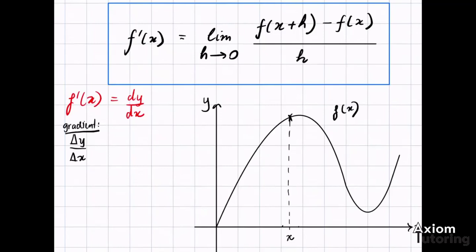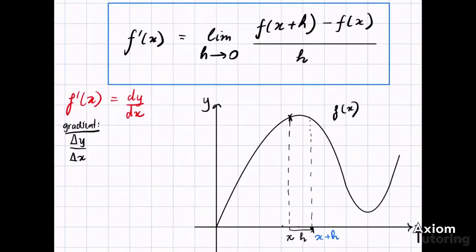Let's think about a point that is h units along from our point x. The x coordinate for that point will be x plus h.